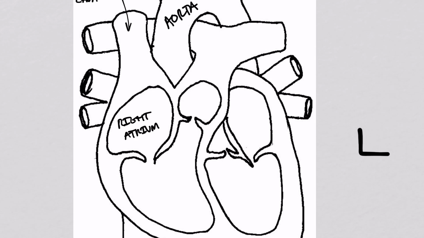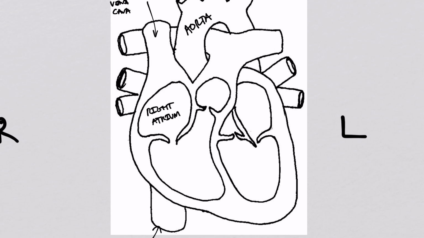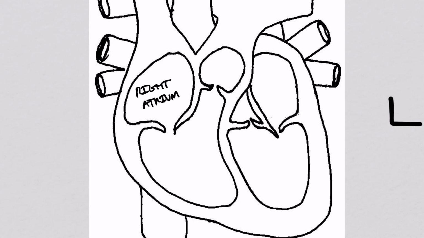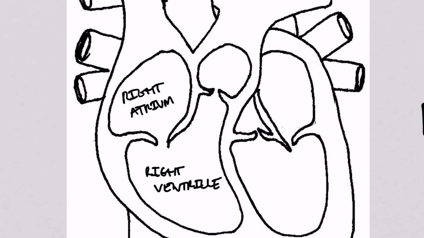And then the right atrium is connected to this, which is called the right ventricle. But in between them is kind of a little door.